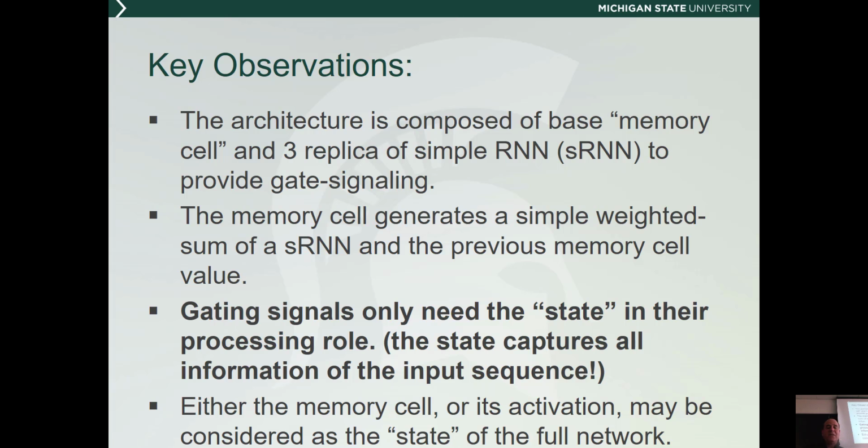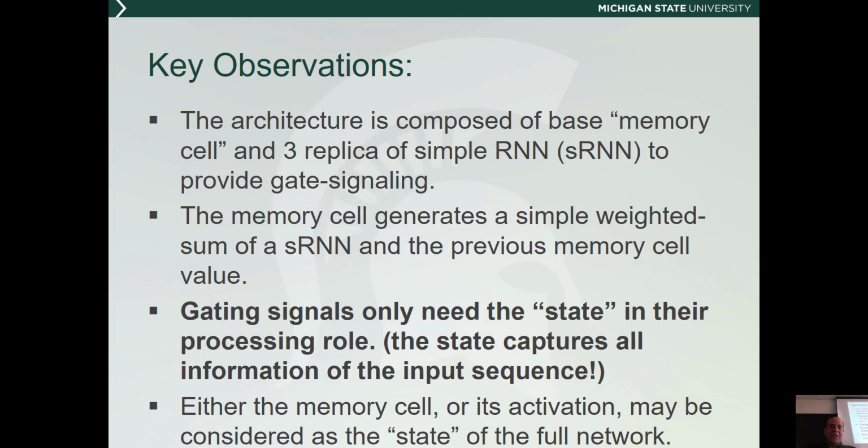Gating signals, they only need the state. This is the observation that we were motivating last time. For the gating signal, do you need all these other three terms? If you can capture the state in a good way, perhaps the state will be sufficient to provide the gating signal. And if you do that, then you save parameters.